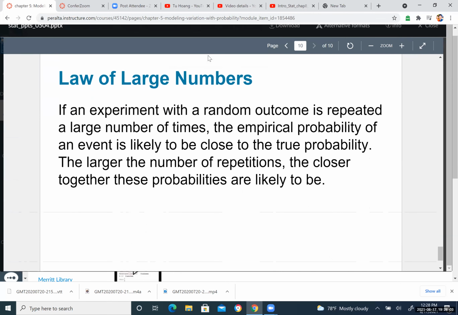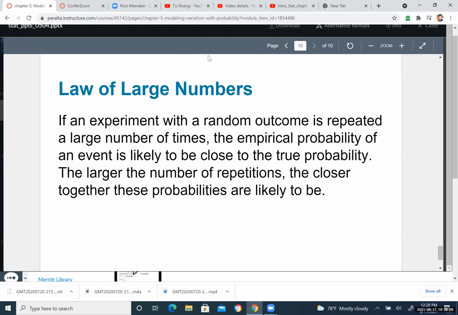The law of large numbers tells us that the bigger the number of times you do the experiment, the better the results, and the closer they will be to the actual value needed.